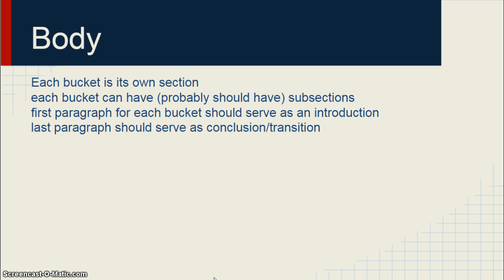Chances are there's going to be a need to break things up in some distinct ways depending on the topic of that bucket. So we want to make sure we do that. So let's use some headings. The first paragraph for each bucket should serve as an introduction, and the last paragraph should serve as a conclusion and then transition to the next section or the next bucket.